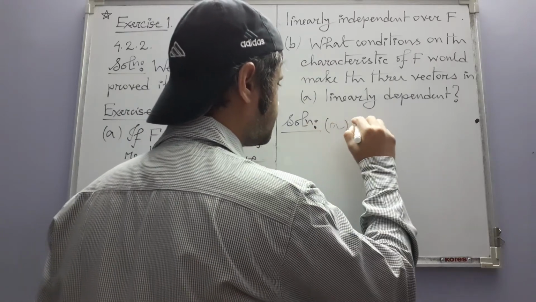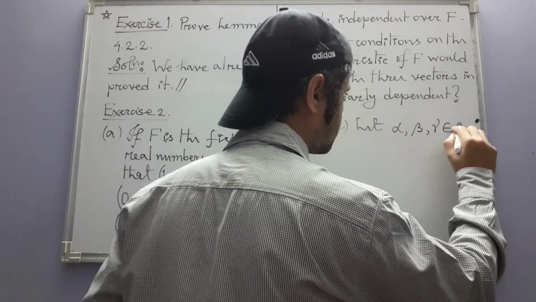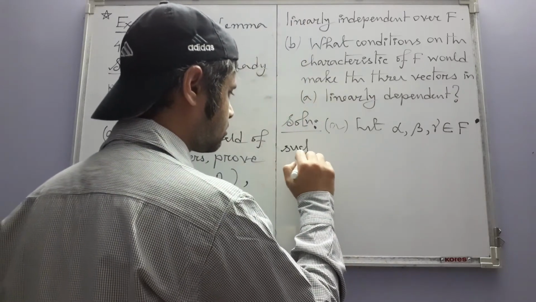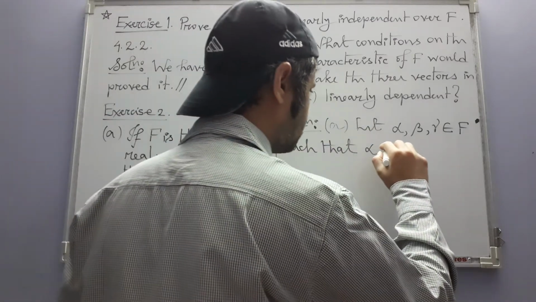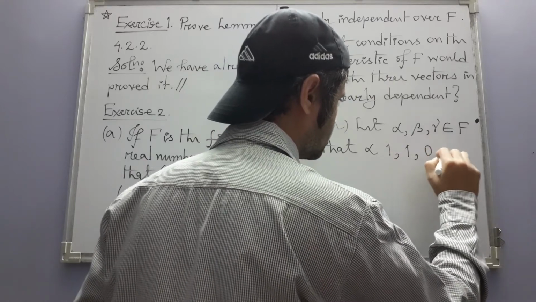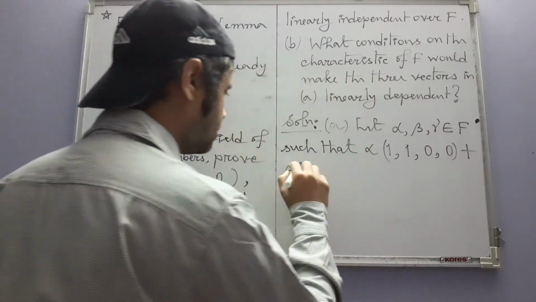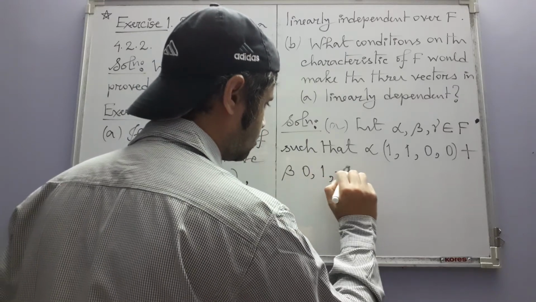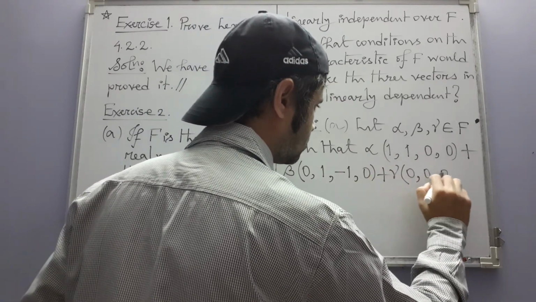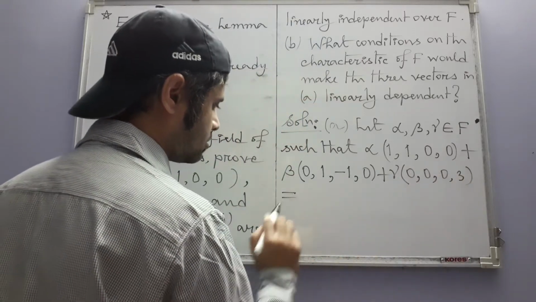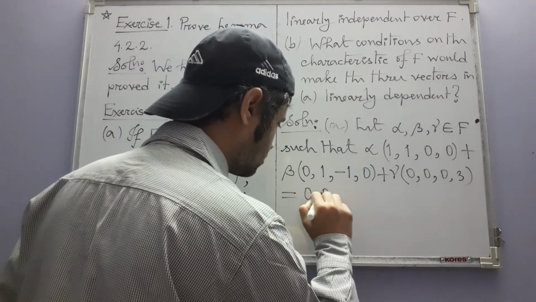So to show that, we assume three real numbers alpha, beta, gamma such that alpha times (1, 1, 0, 0) plus beta times this second one (0, 1, -1, 0) plus gamma times the third one is equal to the zero element or the zero vector in this vector space.